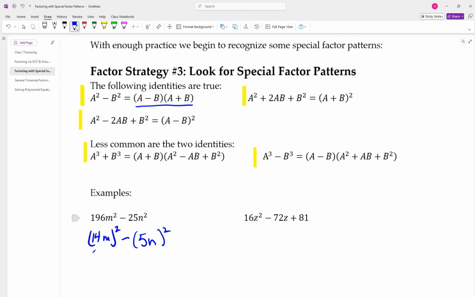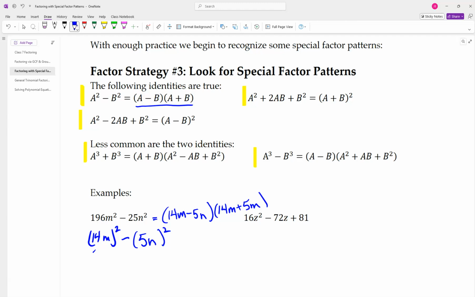This would just factor as 14m minus 5n, and then 14m plus 5n. Again, just recognizing what a and b are.